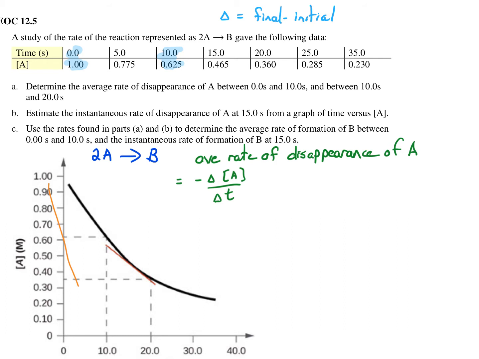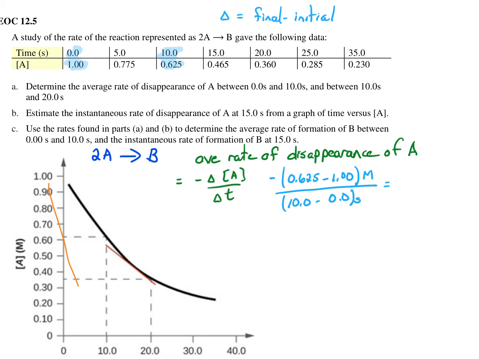In our first time interval, 0 to 10 seconds, here is our change in concentration. We can pull these numbers directly off of the table. So this is negative 0.625 minus 1.00 molar, and our change in time is 10.0 minus 0.0 seconds.